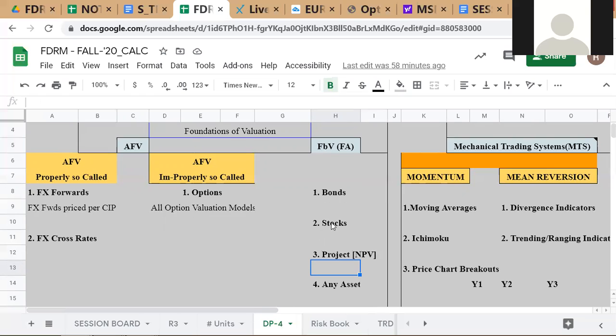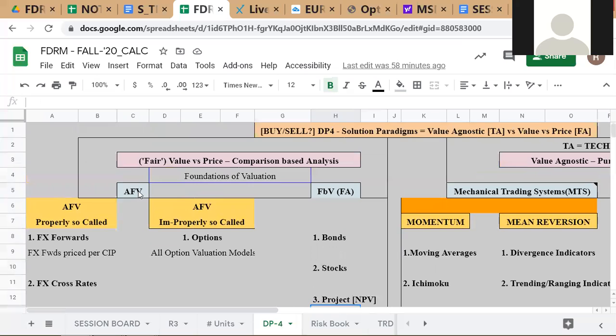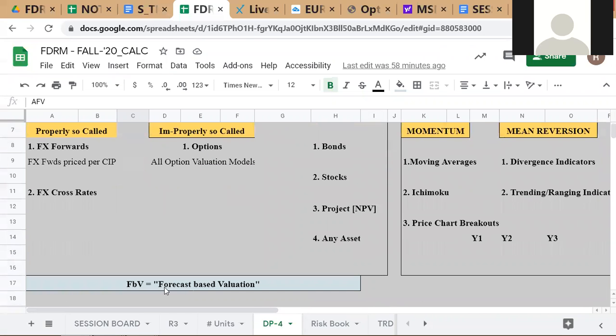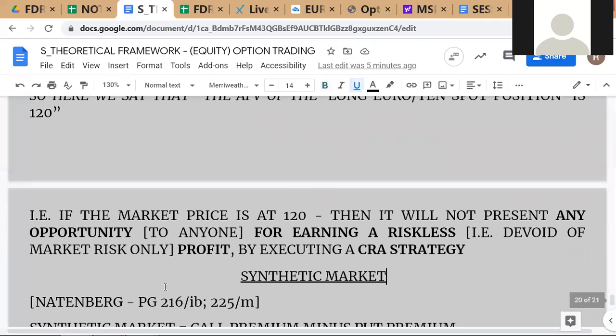Because they all rely on forecasts of future returns. Here you will notice that we do not rely on forecasts, okay? So the AFV does not rely on forecasts. So we can actually write this here.